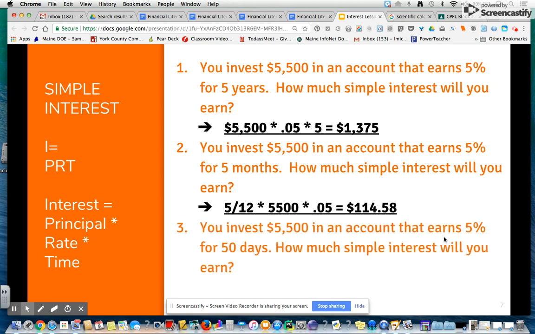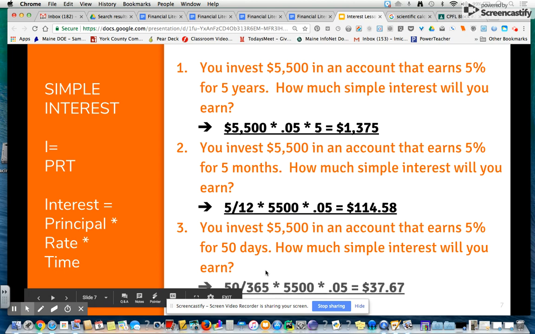Example 3. You invest $5,500 in an account that earns 5% for 50 days. What's different about this problem? Again, it's 50 days, it's not years. So how many days are there in a year? 365. So we take 50 divided by 365, multiplied by 5,500, multiplied by 5%.